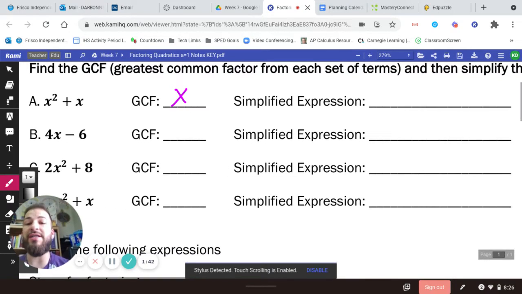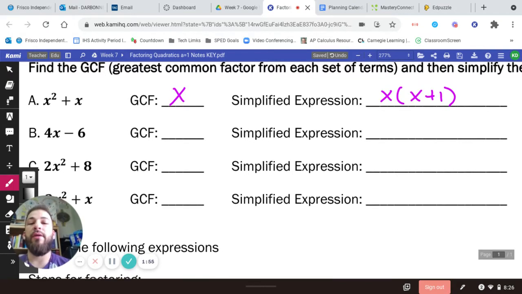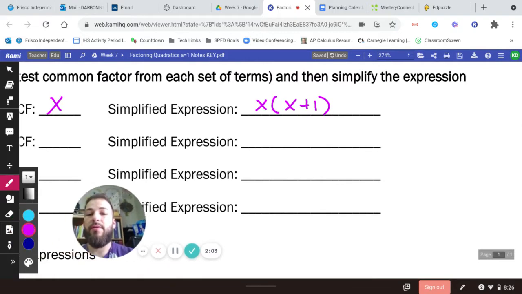then what I do is I take x out of both terms. So my simplified expression would be x parentheses x plus 1. Now that's probably a little bit weird, because essentially what I did is I undistributed x from my equation.